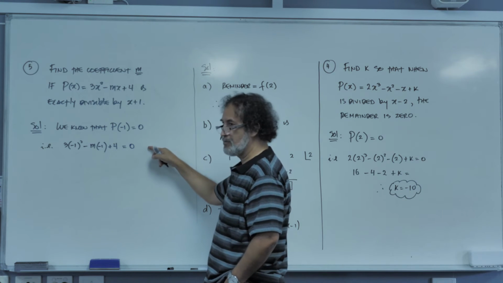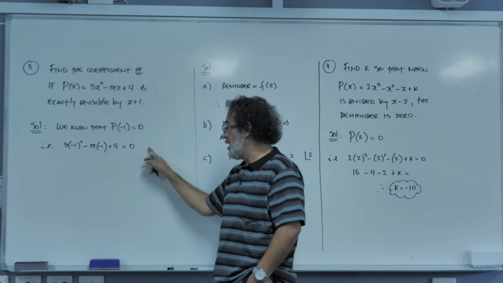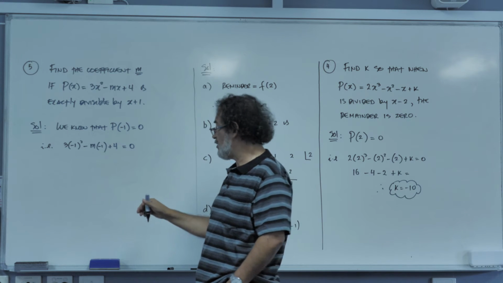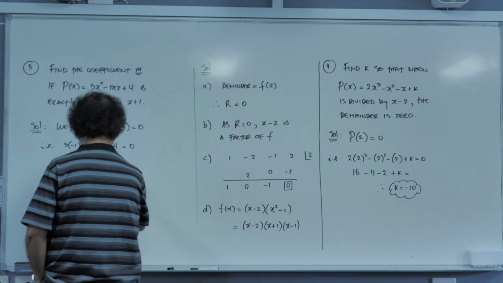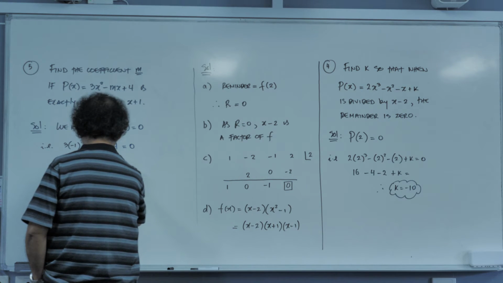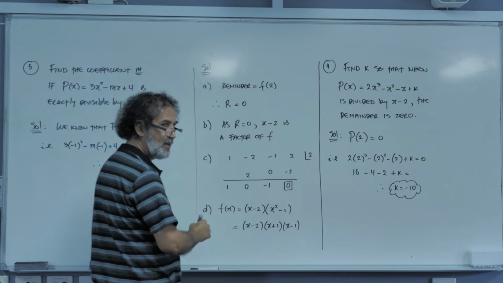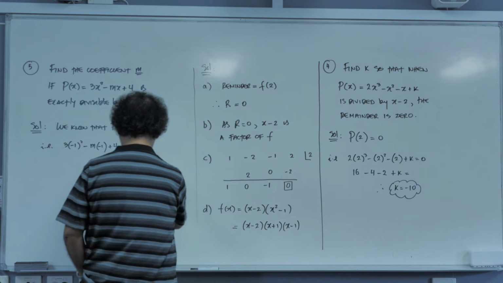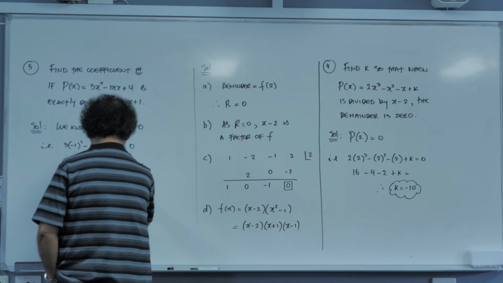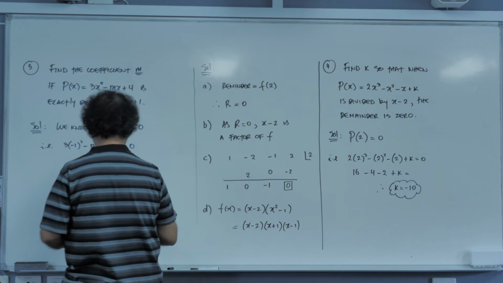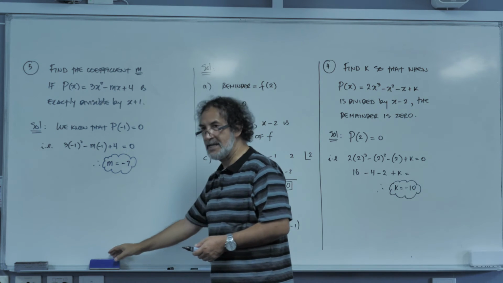Okay, so these two are the same. And then, Emilia, what is the answer for m? So the negative m is equal to? Negative 7. That's it. Okay, so that is the easy way.